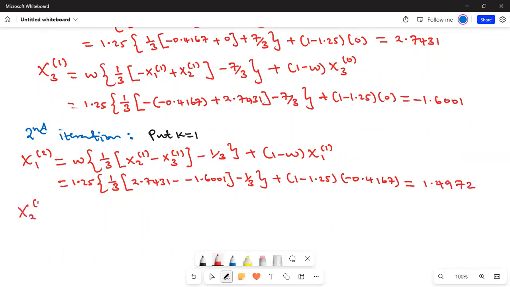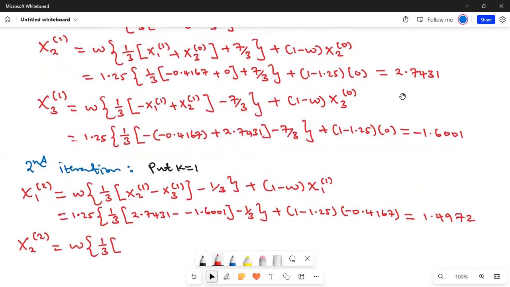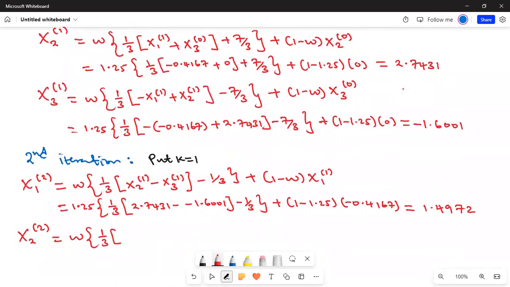Equation 2, x2 at level 2 is omega 1 over 3 times x1 at level 2 plus x3 at level 1 plus 7 over 3 plus 1 minus omega times x2 at level 1.